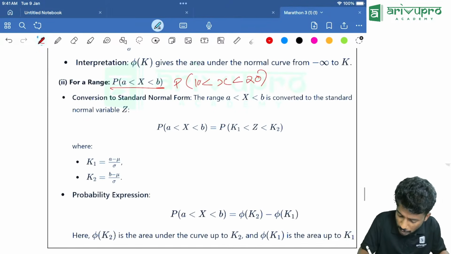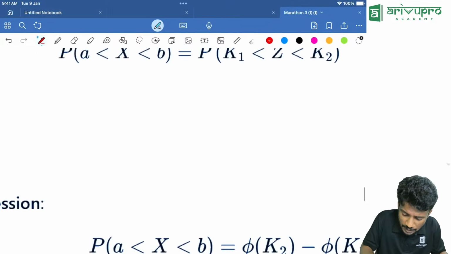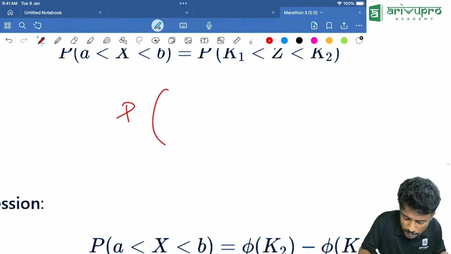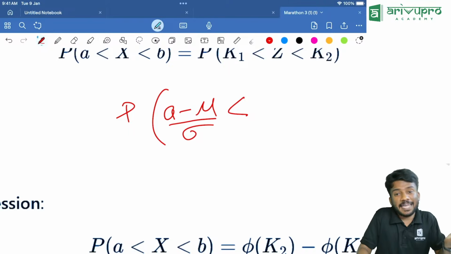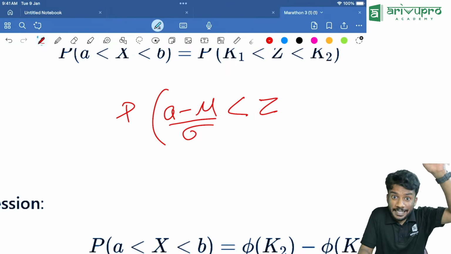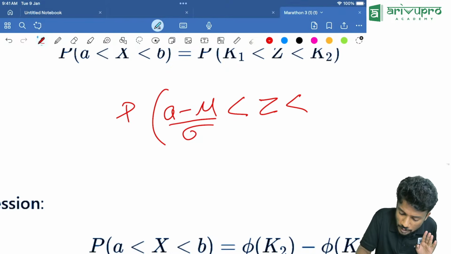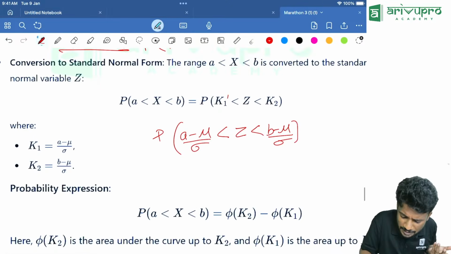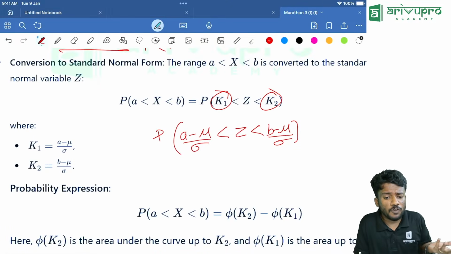We write P of (A minus mu) divided by sigma less than Z less than (B minus mu) divided by sigma. But for easy transition, we write K1 and K2.